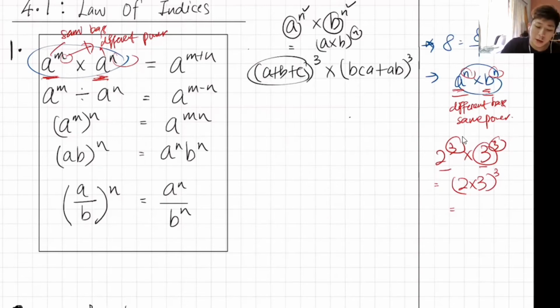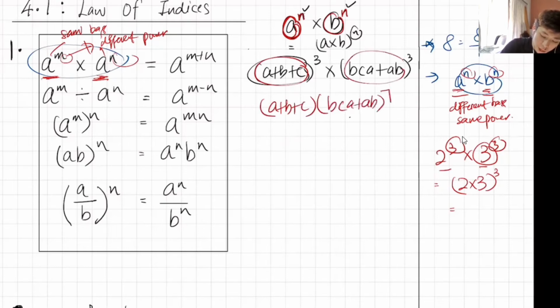A to the power of n means you take the whole A, anything in the base; and for B, you take it too. You multiply them. So the base is A plus B plus C multiplied with BCA plus AB, in a whole bracket to the power of 3.